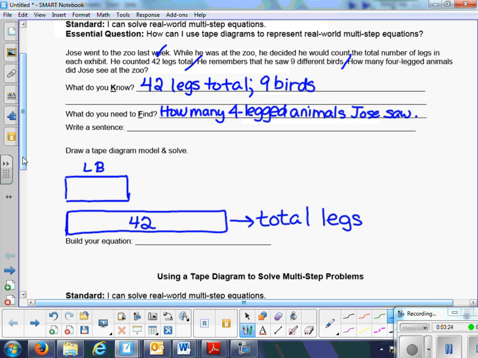We are going to write that into a sentence, and we're going to put a blank for the answer. So I'm going to rewrite that. Jose saw blank four-legged animals.